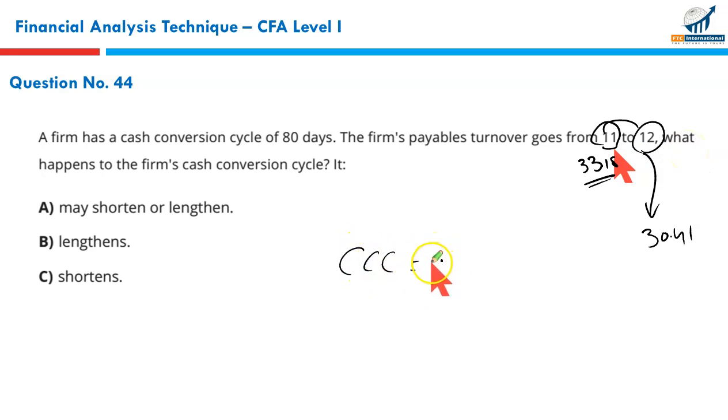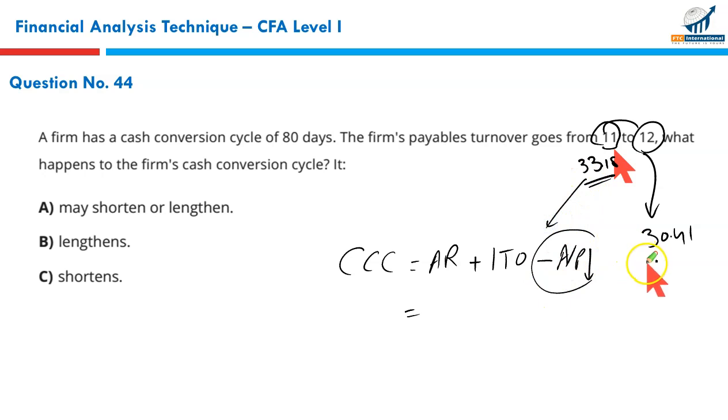We know cash conversion cycle is account receivable days, average collection period, plus inventory turnover days, minus accounts payable payment period, right? So it has fallen from 33 to 30. It means accounts payable average payment period has fallen. This number is now low.